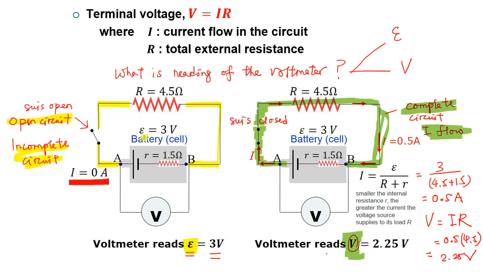Normally a battery must have internal resistance, and the value of the internal resistance increases as the battery ages, the longer we use it, the larger the internal resistance becomes. That is extra information about internal resistance. Then this is the concept we have for subtopic 3.4. Next we will move on to practice the concept using tutorial questions 5 and 6.